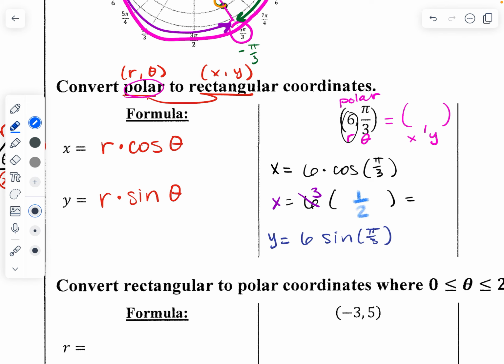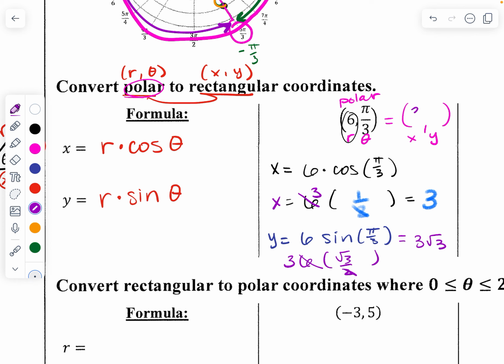Okay, so 6 times 1/2 is still reduced to a 3. Pardon me. Please make that little adjustment in your notes. And then here I know sine is the root 3 over 2, which reduces to 3 root 3. So that point, x is 3, comma y is 3 root 3.